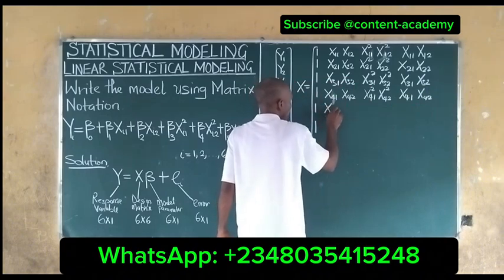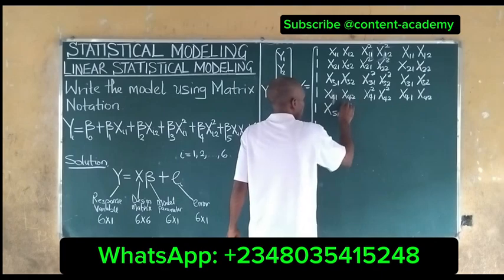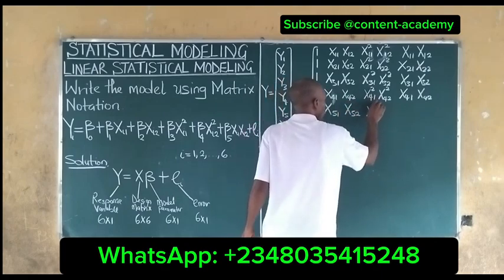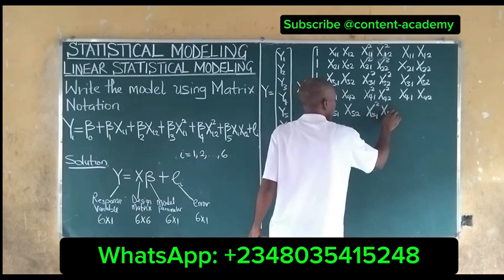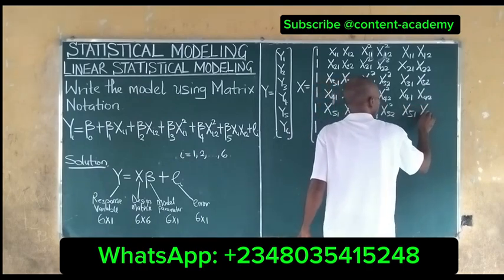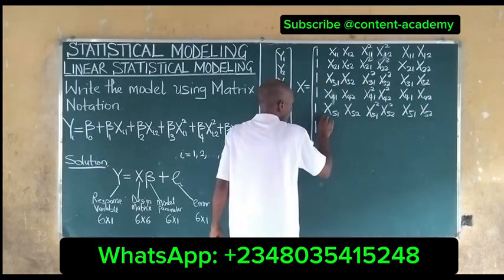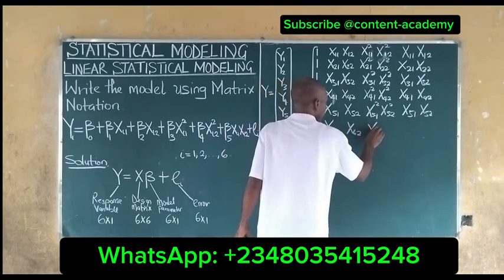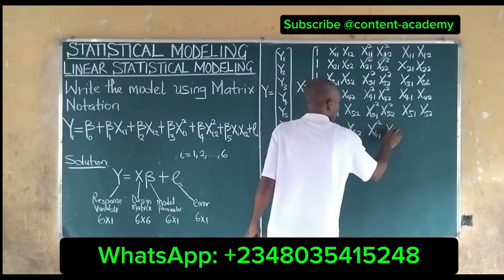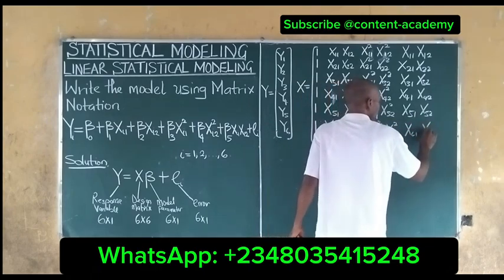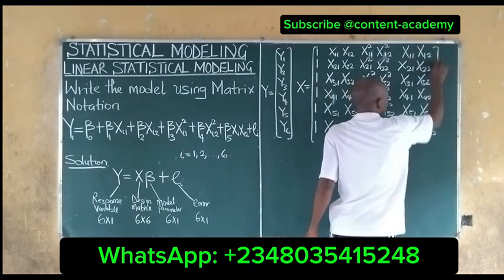The other one will be x51, x52, x51 squared, x52 squared, x51, x52. Then x61, x62, x61 squared, x62 squared, x61, x62.